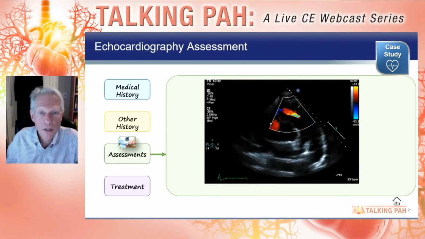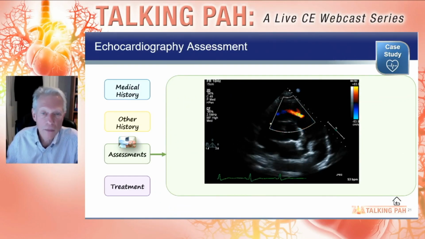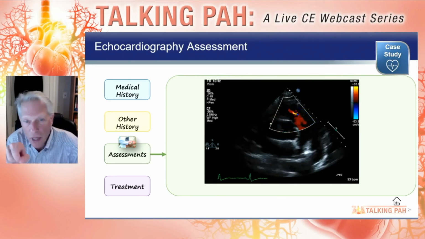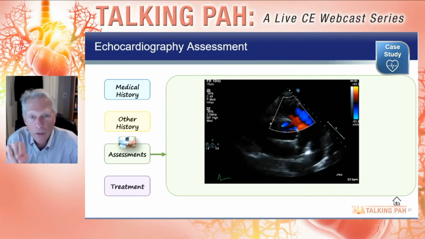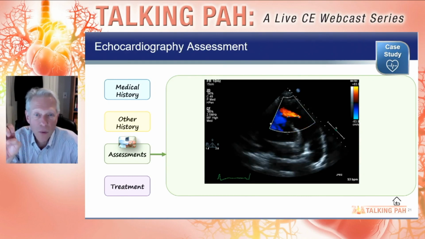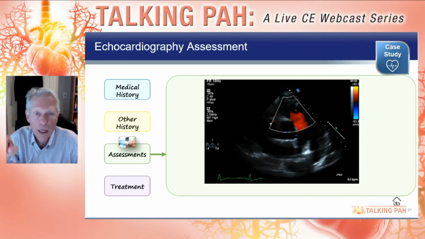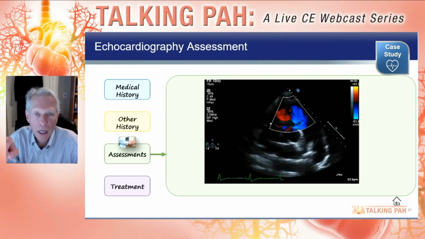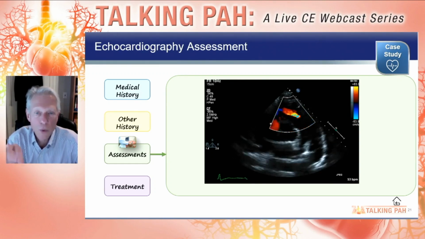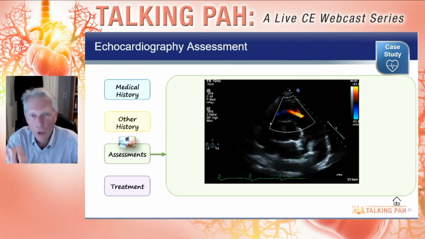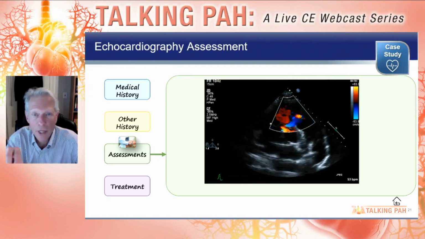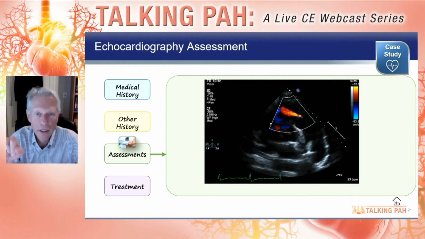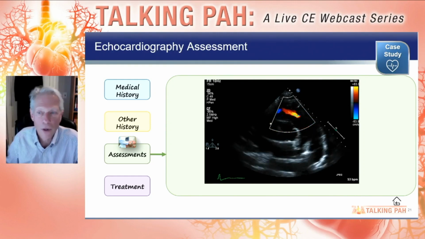This is an example of the outflow tract with the aortic valve right in the center. That color Doppler is looking right at the pulmonic valve, and you can see pulmonary regurgitation happening there. This is just to show you what that looks like, and then you can see the pulmonary artery coming down from that colored jet and dividing into the right and left pulmonary arteries.